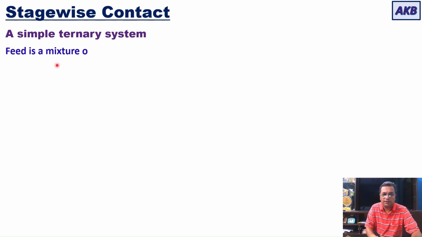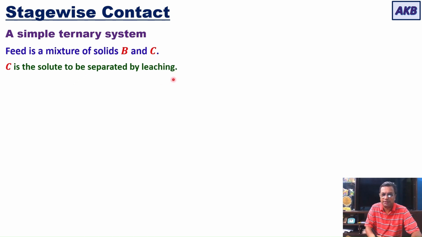To begin with, let us know something about stage-wise contact. And in our discussion, to understand that, we are going to consider a simple ternary system. Feed is a mixture of two solids, solid B and solid C. Solid C is the solute that is to be separated by leaching, whereas the other solid, that is B, is the insoluble solid and it is called the carrier solid.